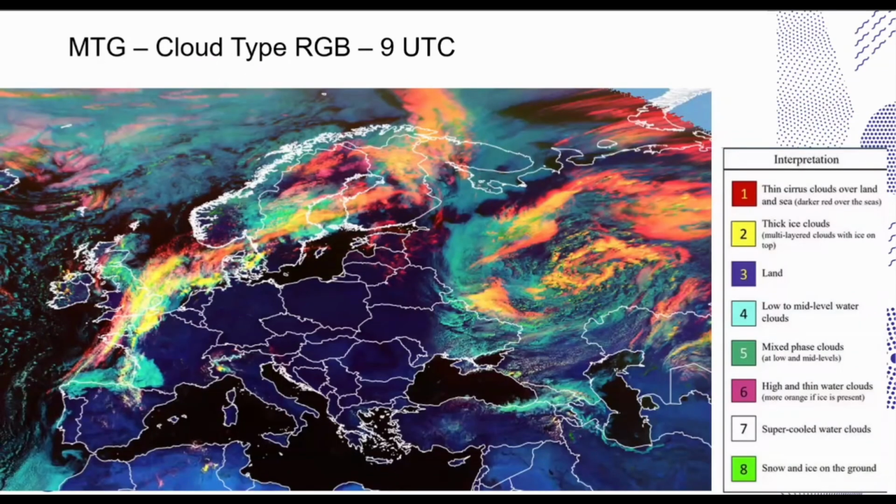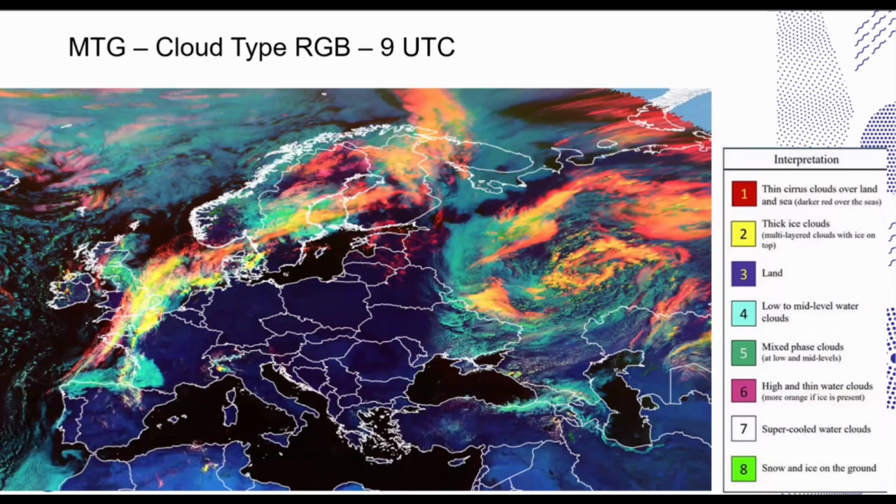And then I also took a look at the cloud type RGB from MTG at 9 UTC, and I also put on the right side what the different colors mean, if you're not that familiar with this product yet.